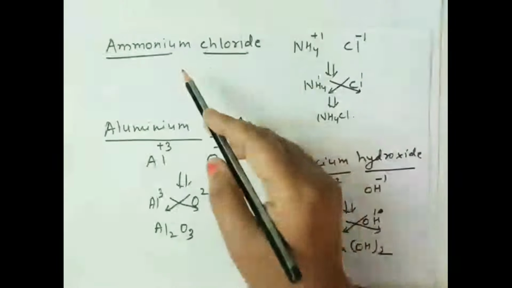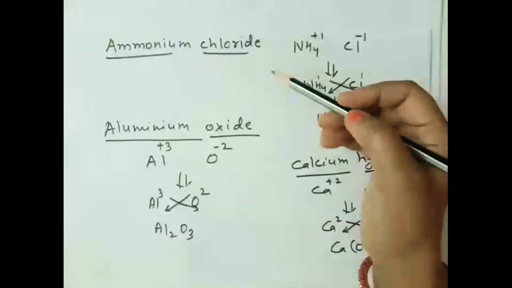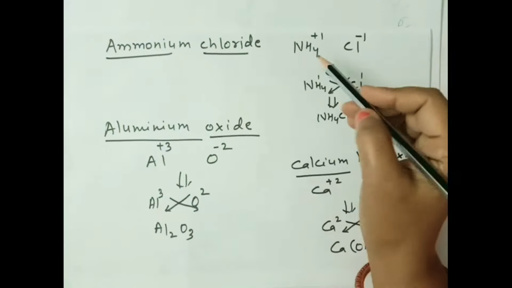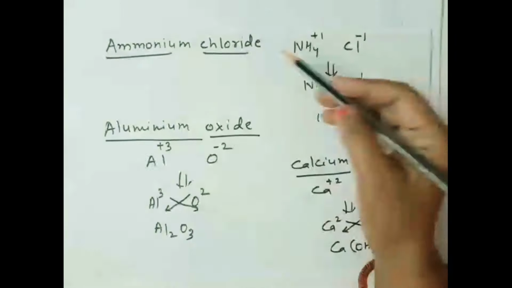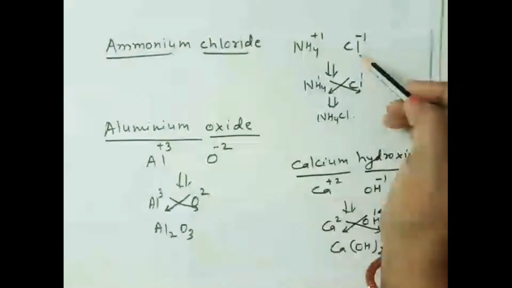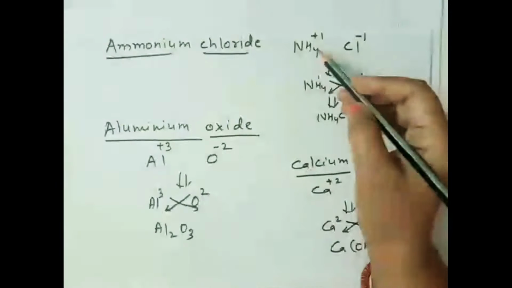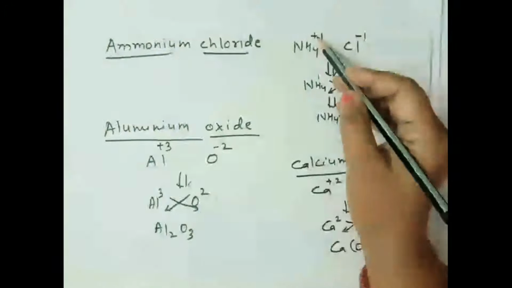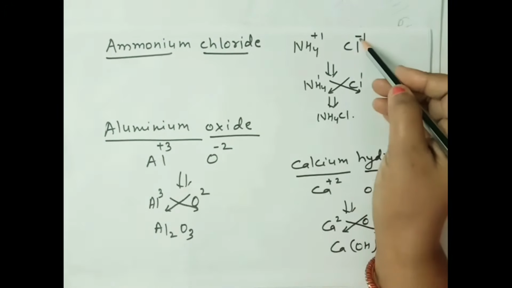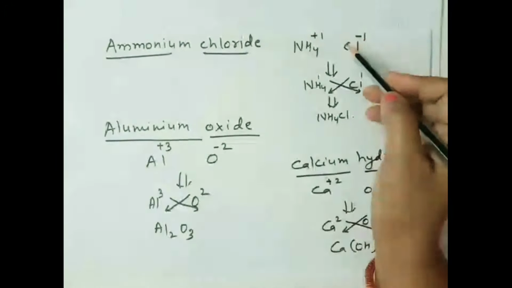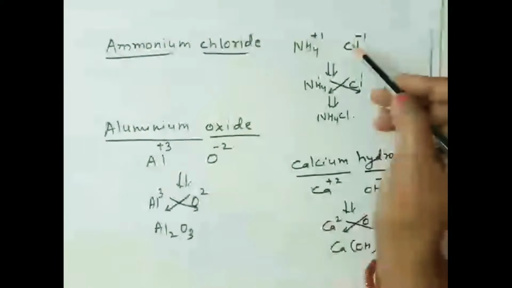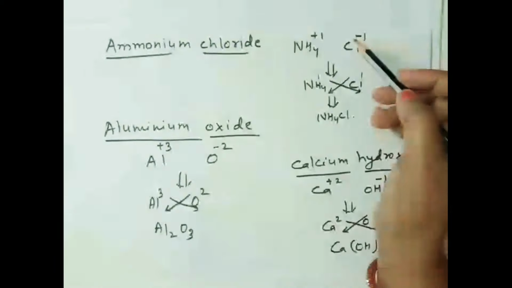First we will write the symbols. Ammonium symbol is NH4, chloride symbol is Cl. Second step is to write the valency. Ammonium valency +1, chloride valency -1.